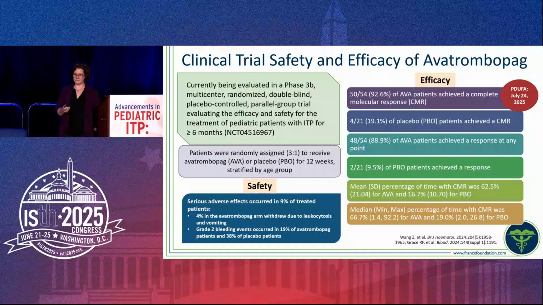And so it's important to note that those patients who did achieve a response actually maintained that response for longer than those patients who were in the placebo arm. And there's a PDUFA date that's already been scheduled for July for the FDA to review avatrombopag pediatric data, assuming the FDA meets.